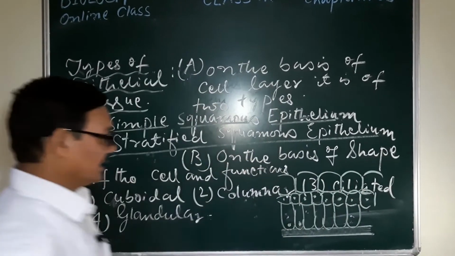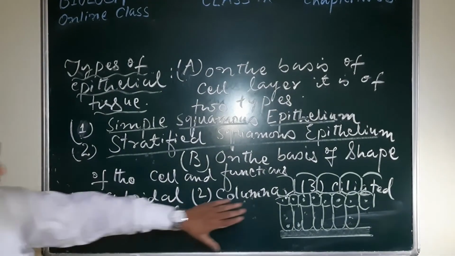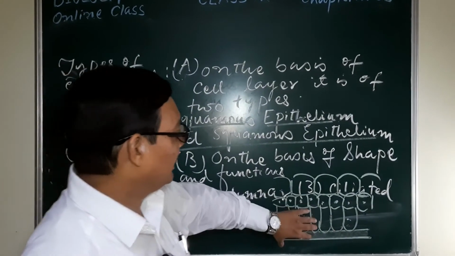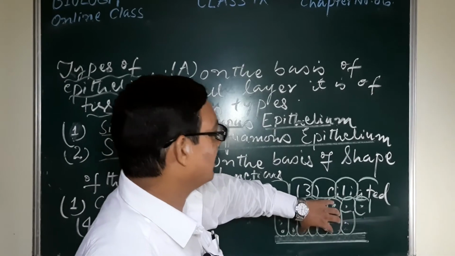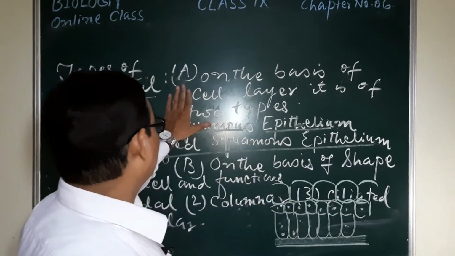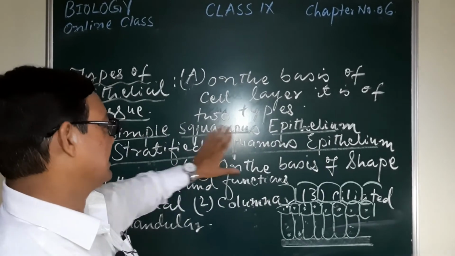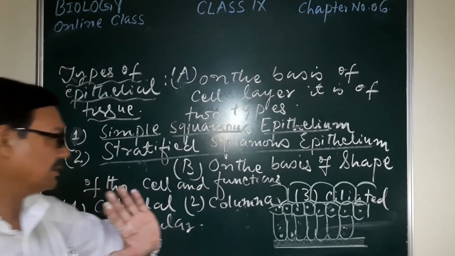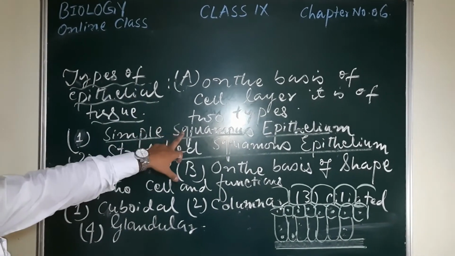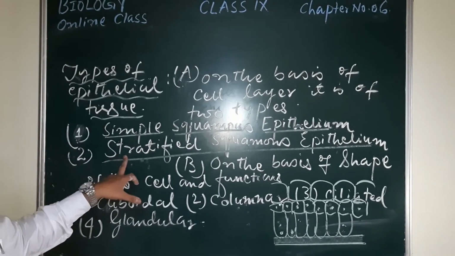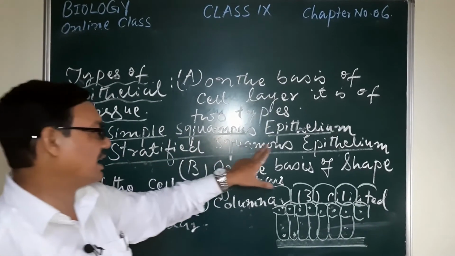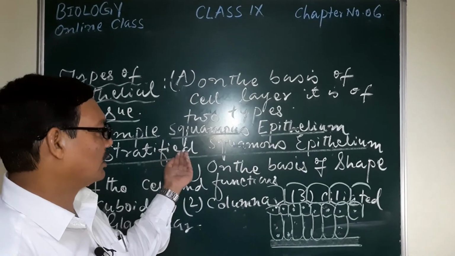So this may give an idea that depending on the number of layers of cells present, it is of two types: simple squamous epithelium and stratified squamous epithelium. When there is a single layer, it is simple. When the layer is more than one, it is stratified, which may also be called compound or complex.